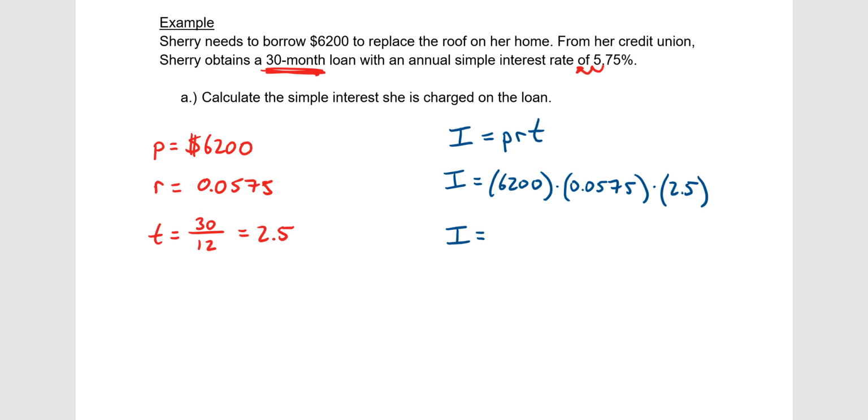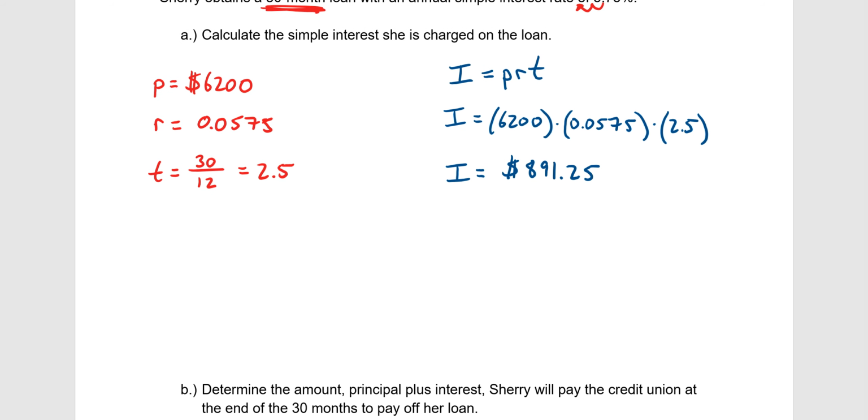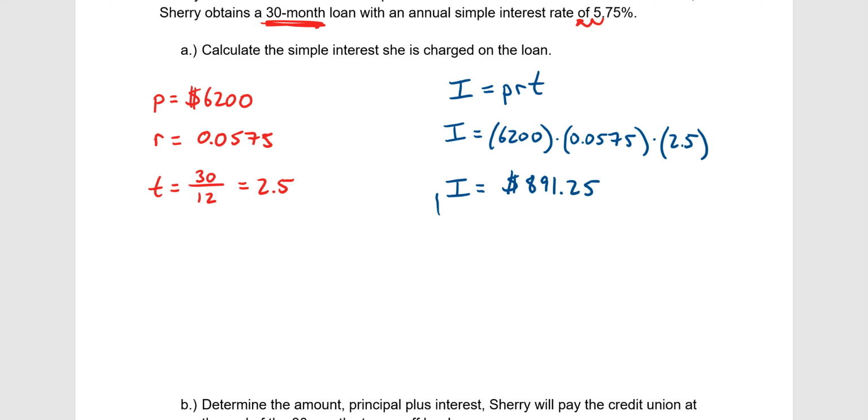Multiply all these together. We get $891.25. So this number here is the simple interest she is charged on the loan. It is the money that she has to pay to borrow the money.